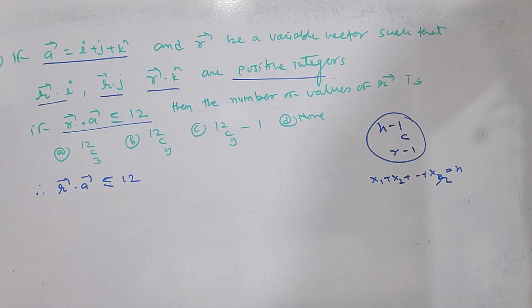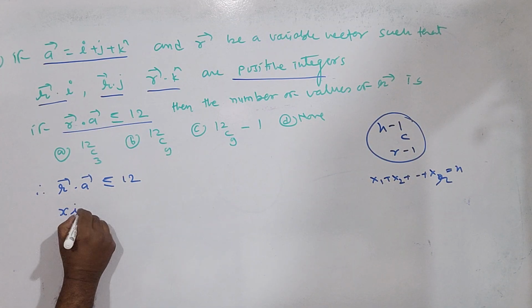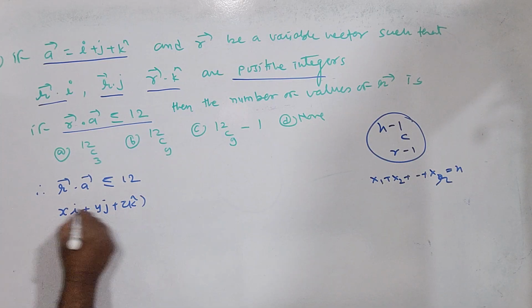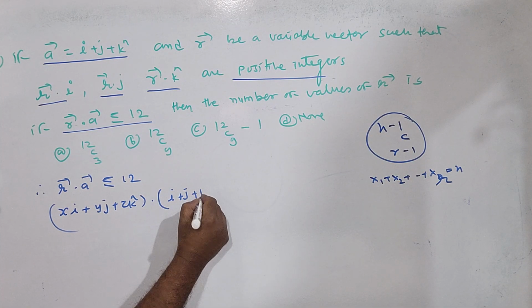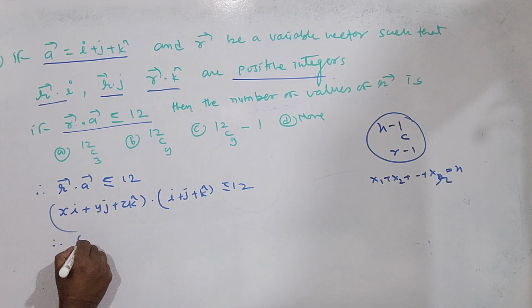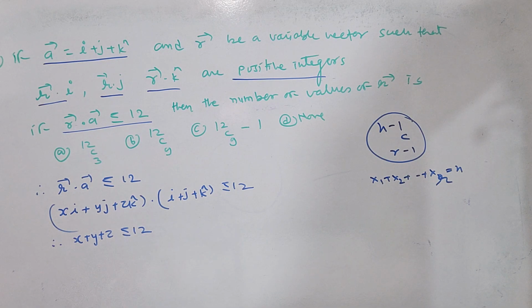Let r be a variable vector, so I can put r as xi plus yj plus zk, dot a vector i plus j plus k, less than or equal to 12. So we are having x plus y plus z less than or equal to 12.